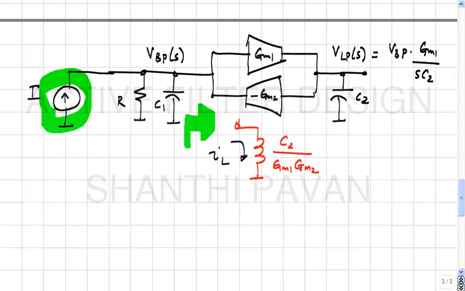Please note that the voltage across the inductor is what kind of transfer function? Band pass. So the current through the inductor must be voltage divided by SL, correct? The band pass has an S in the numerator, and it makes physical sense also because at DC the inductors are short, so all the current flows through the inductor. So the current through the inductor must be a low pass filter transfer function, correct?